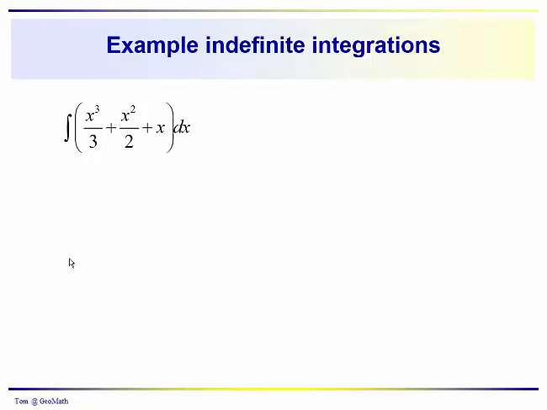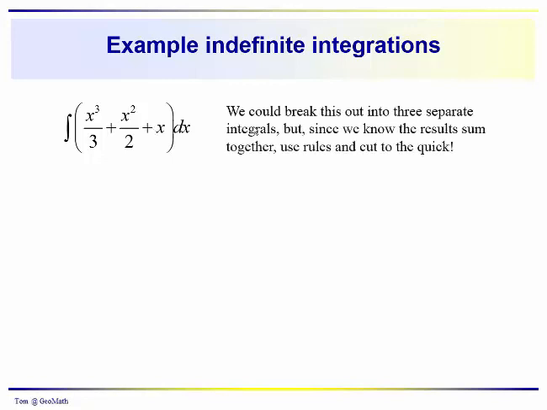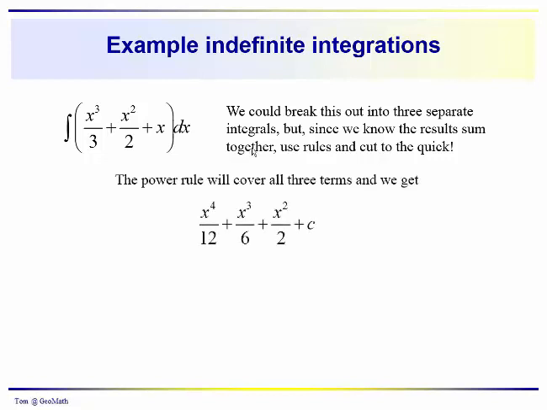So let me give you a couple more examples. Here's an integral of a sum of powers, basically powers of x. So this should be an easy one. You could break this up into 3 separate integrals, but we've done that. We know what's going to happen. They're going to get summed back together, so we're going to get a single constant. So why not just evaluate them as we see them?